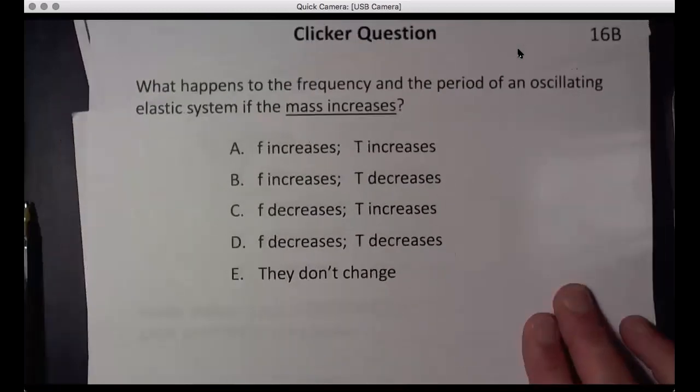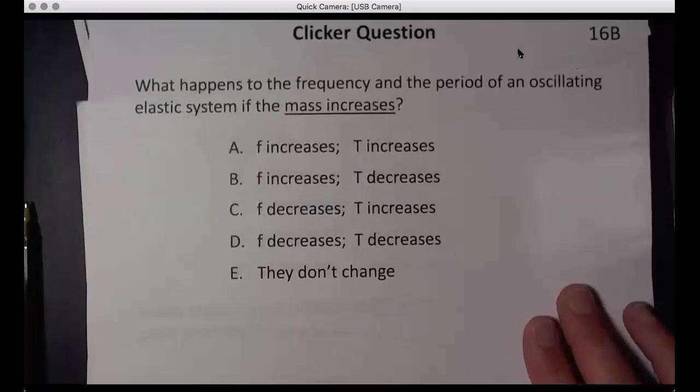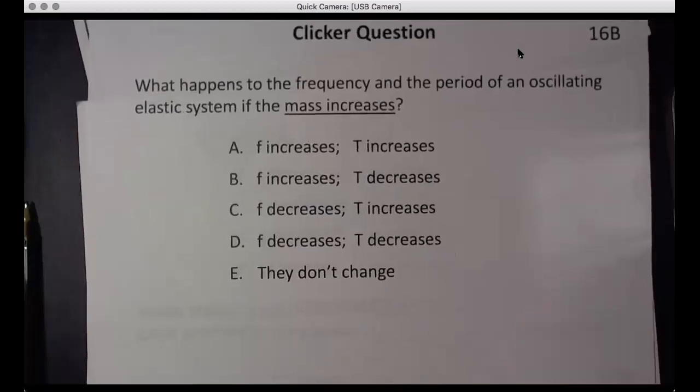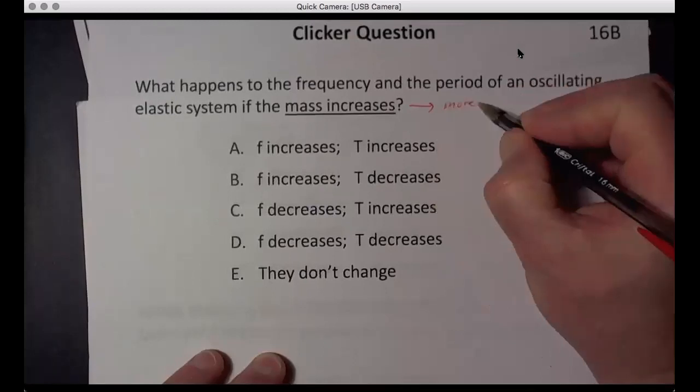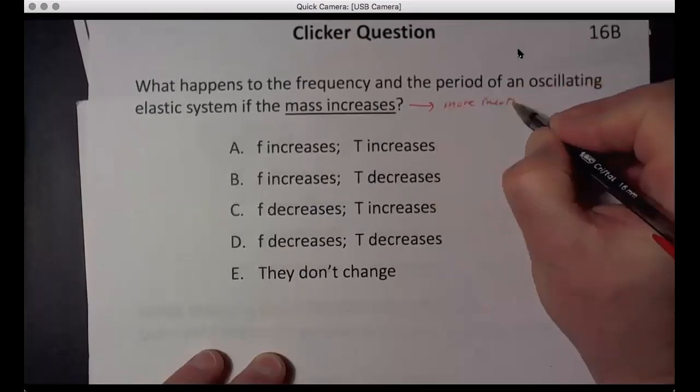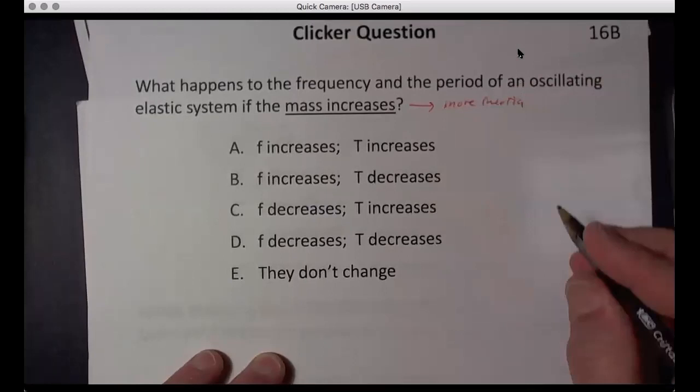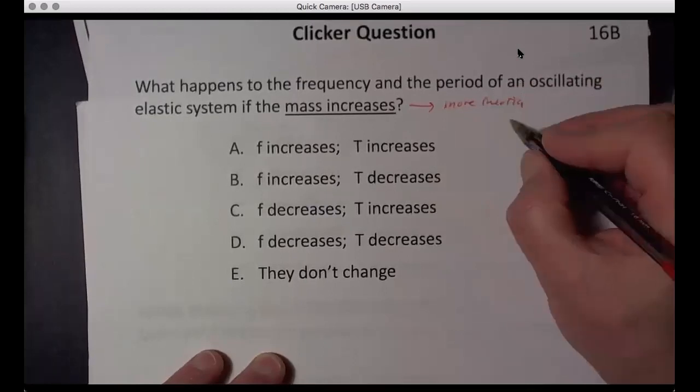What happens to the frequency and the period of an oscillating elastic system if the mass increases? I'll give you a little while to think about it. You can pause the video. More inertia. Remember, that's on the bottom, so it slows down.